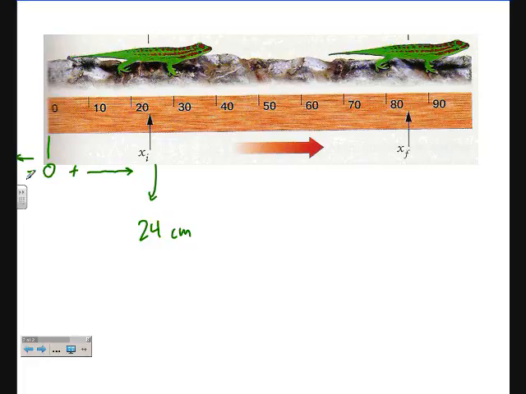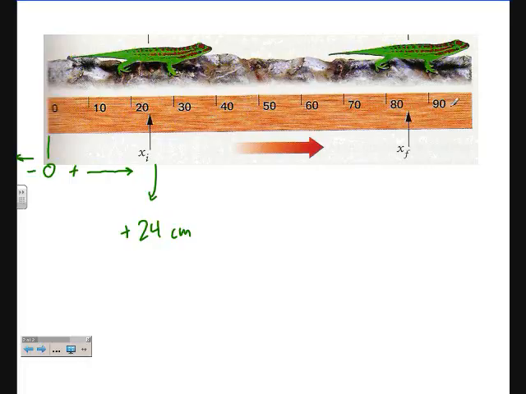But if we want to know his position, we also have to include what side of the reference point he is on. And we can do that just by distinguishing positive and negative. So this gecko's initial position is positive 24 centimeters because he's on the positive side of 0, the reference point, and he's 24 centimeters away.